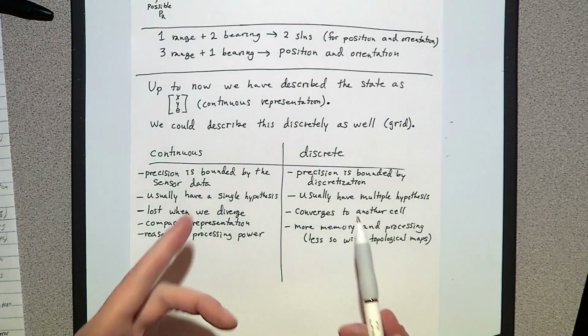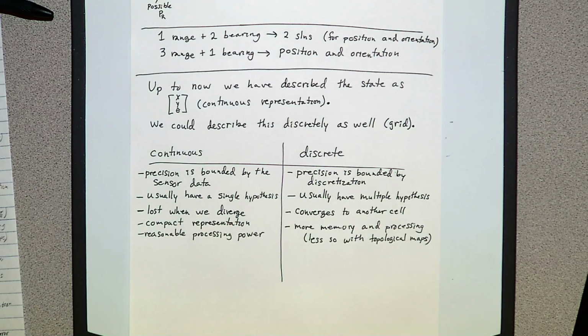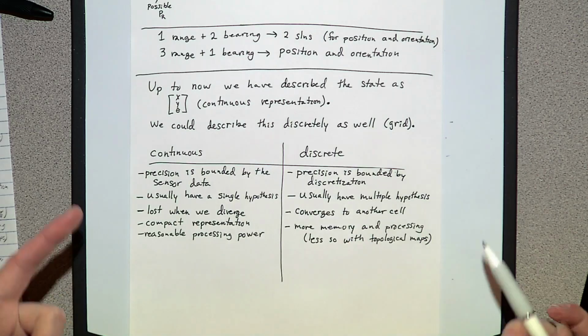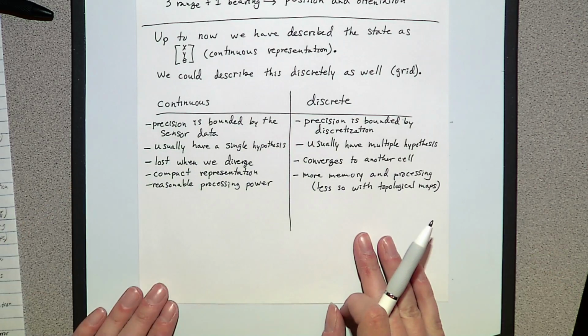Right, so if you have a discrete grid, then you have to have some way of characterizing each of the grids in the space. So that can be a little bit harder to code up versus just having a continuous x, y, theta. But there are pros and cons depending on the situation.